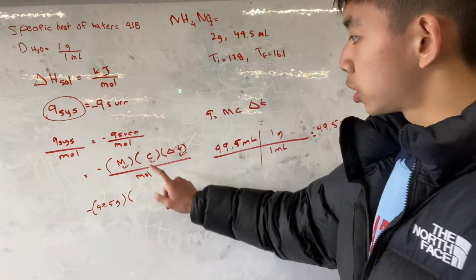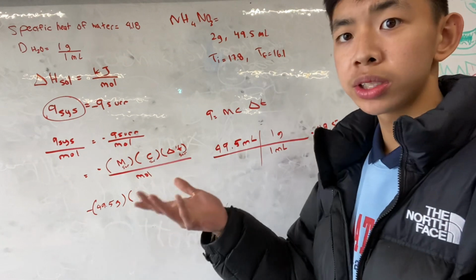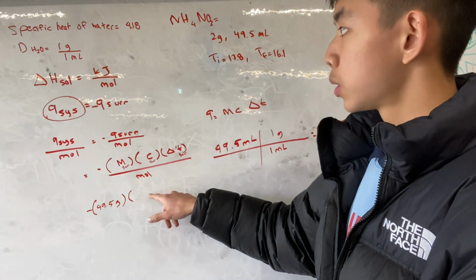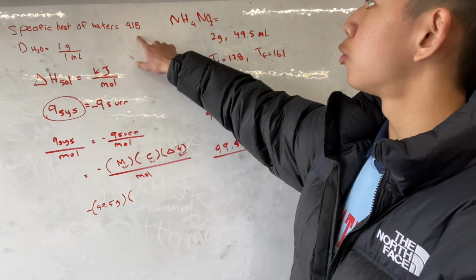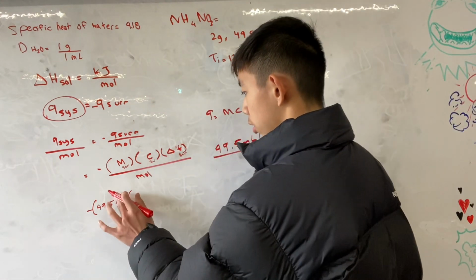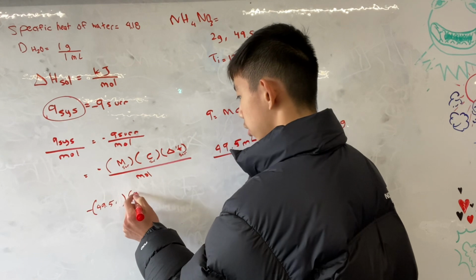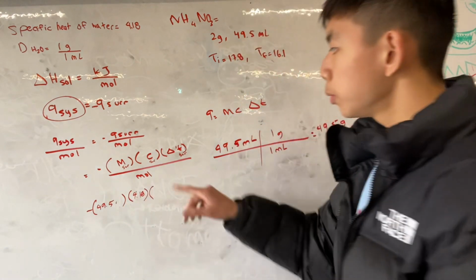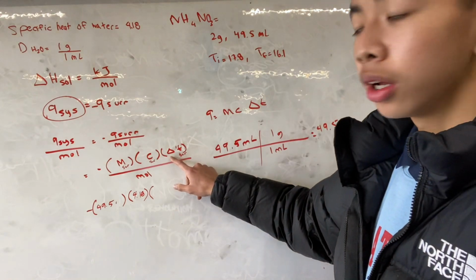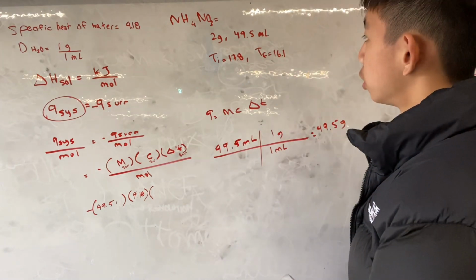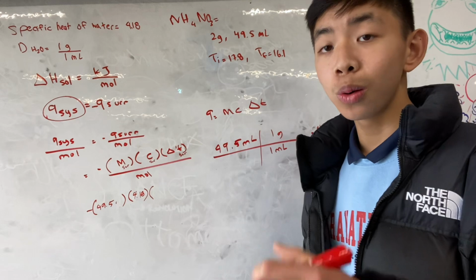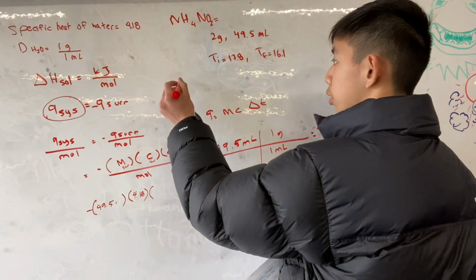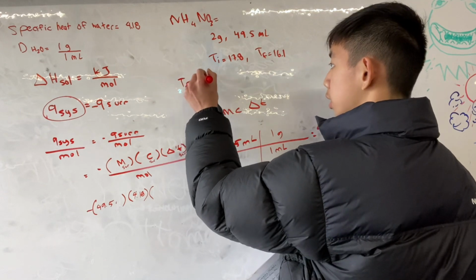The specific heat of the surroundings, remember, the surroundings are the water because you drop the salt in the water. The specific heat is given, it's 4.18. And then the temperature, all we need now is temperature. Temperature change is always the final minus the initial, TF minus TI.